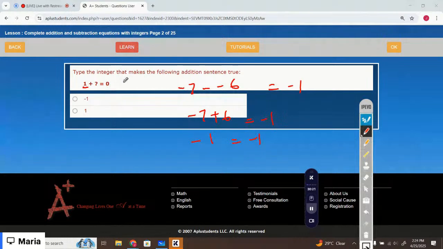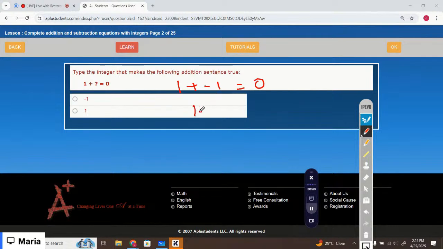Type the integer that makes the following addition sentence true. So which is the correct option? Start with the first option.